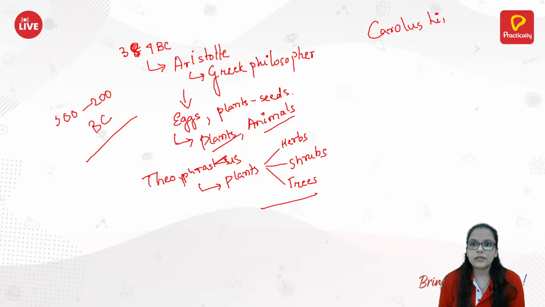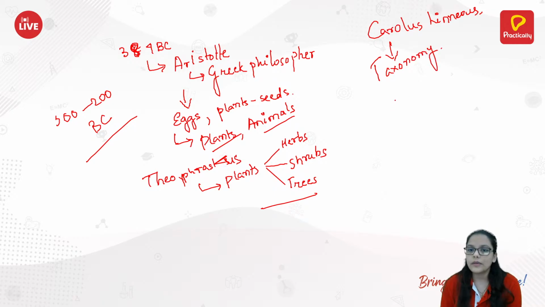He is the one who invented taxonomy. What he said, the same knowledge: plants and animals. There is a section of plants and there is a section of animals.